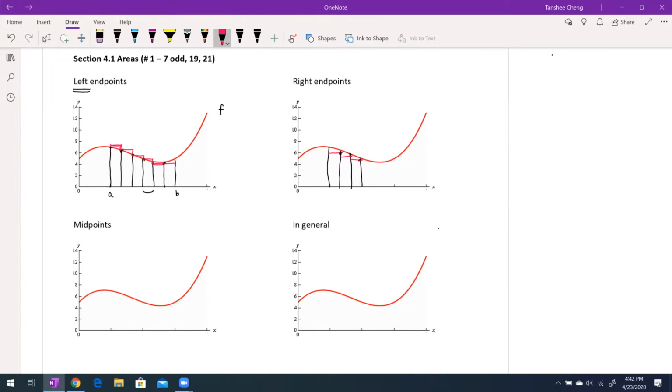Another thing I want to point out is, for the first graph, between A and B, we did 6 equal-width rectangles.